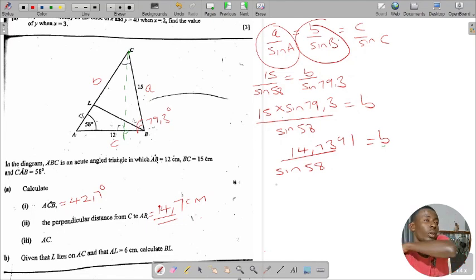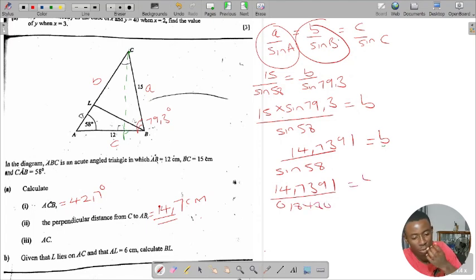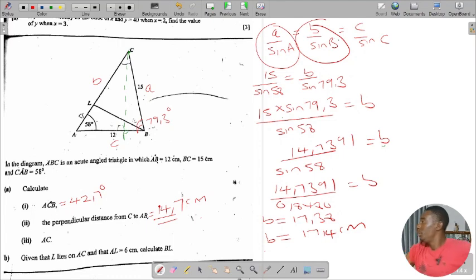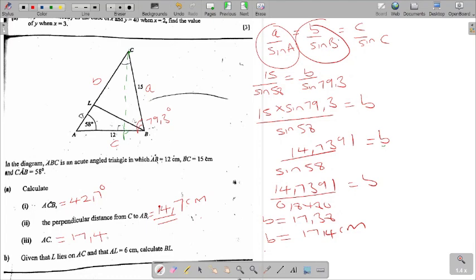So we say 14.7391 divided by 0.8480. This is our b. So our b becomes 17.38. So to 3 significant figures, 1, 2, 3, and look at our 8 here, it's 17.4 centimeters. So this is our b, which is AC. AC is 17.4 centimeters.